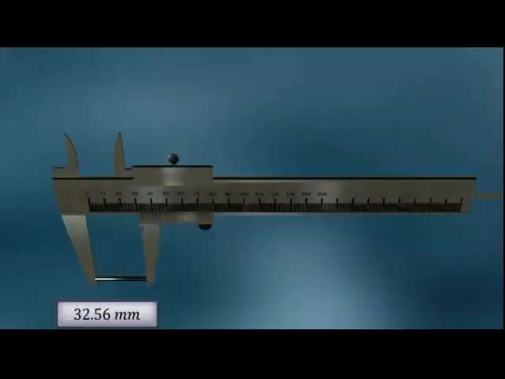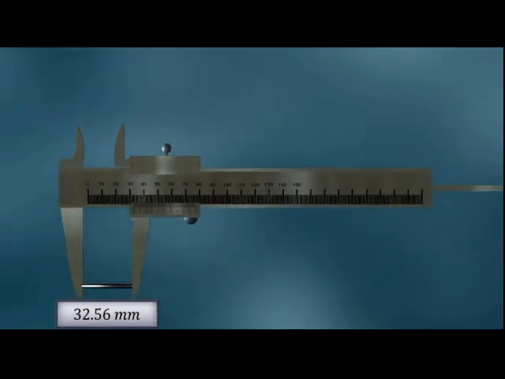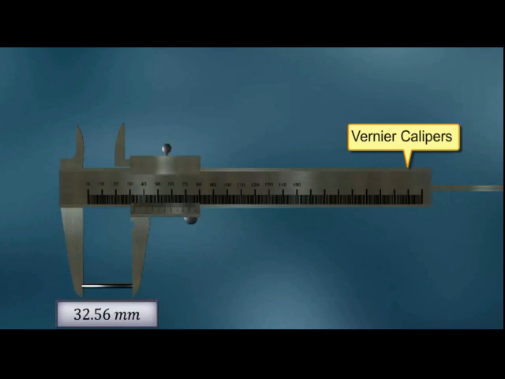Any quantity that is measured should be accurate and precise, especially in science and technology. In reality, however, measured values carry uncertainty. This uncertainty is called an error.